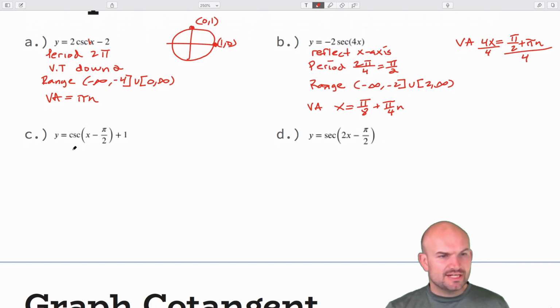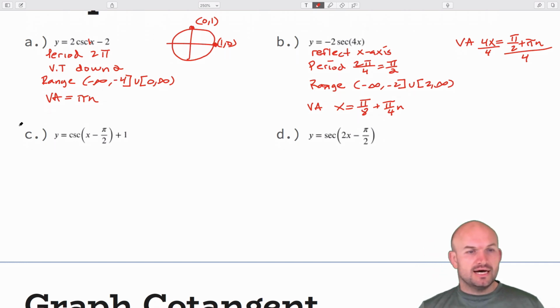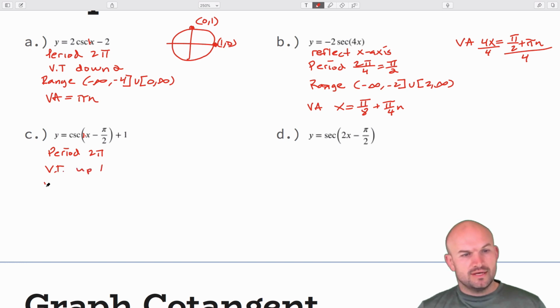Next one, we see that there is no stretch or compression. Our b in this case is going to be 1, so our period is going to be 2 pi. We have a vertical shift of up 1, and we have a phase shift of right pi halves.